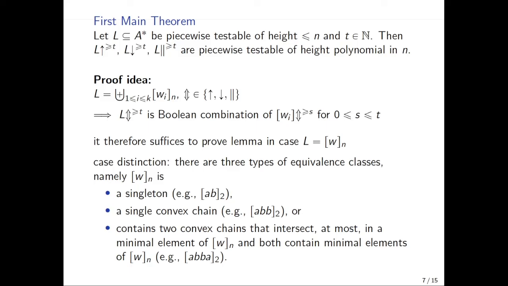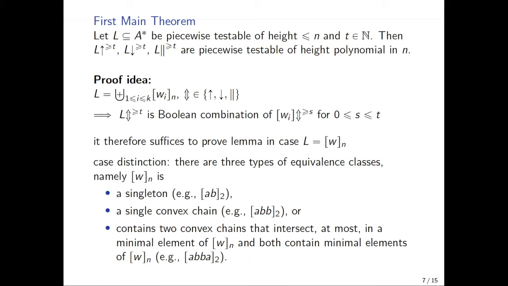One first proves this classification of equivalence classes, and this makes heavy use of insights by Imre Simon from his PhD thesis and by Carton, Kufleitner and Schnebelen from their paper on piecewise testable languages. And then extends their result, in particular the third case.